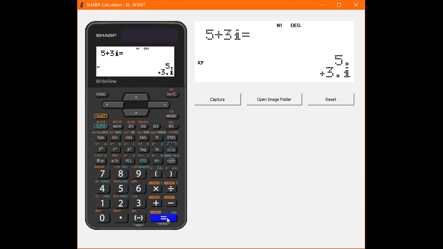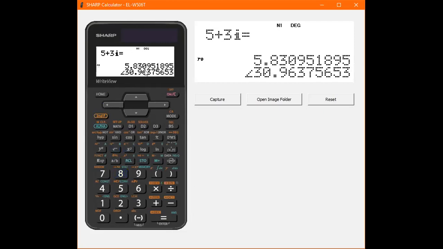And you'll see when you press equals, it breaks it down into the real and the imaginary set of numbers, or separates it for you. Now, you can also convert this into polar coordinates by pressing second function and 8, and then it will give you 5.83, and your angle will be 30.96.